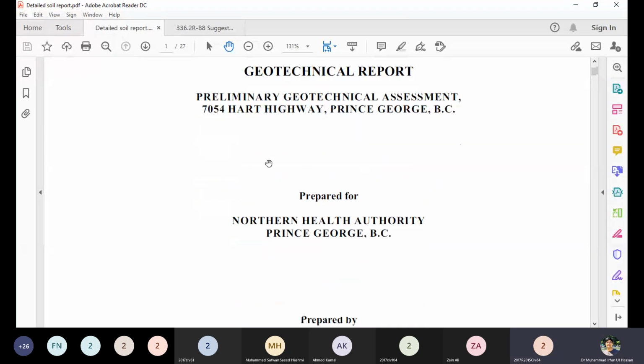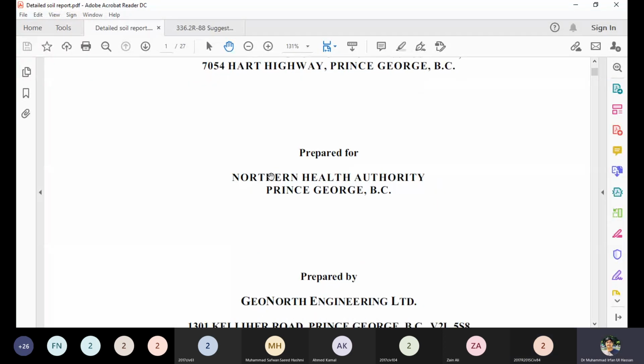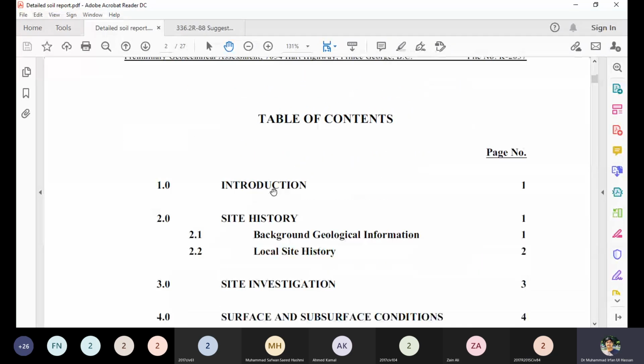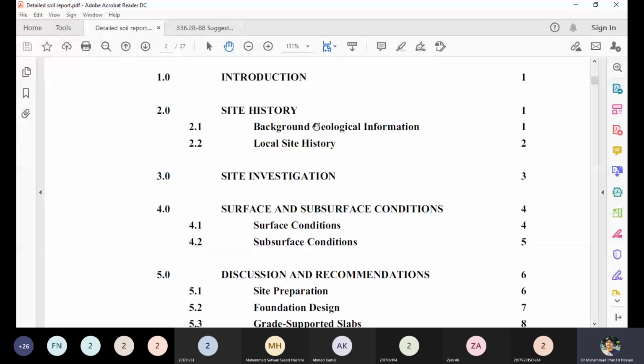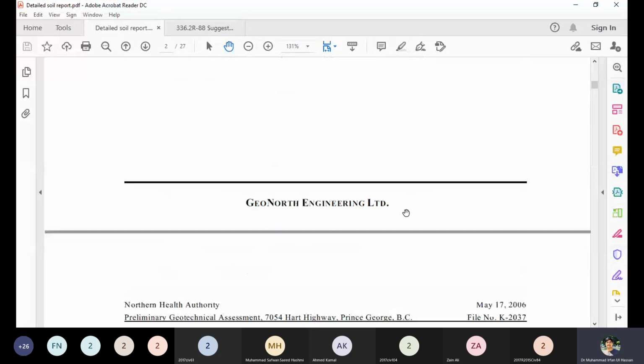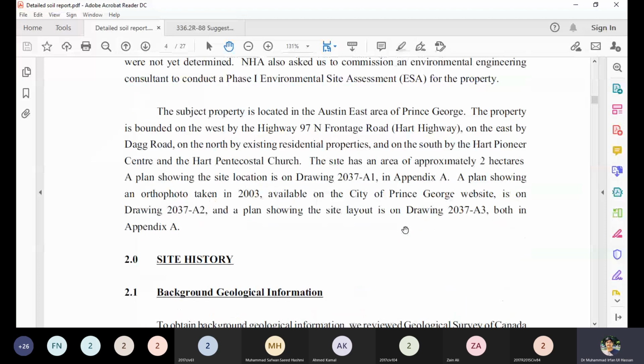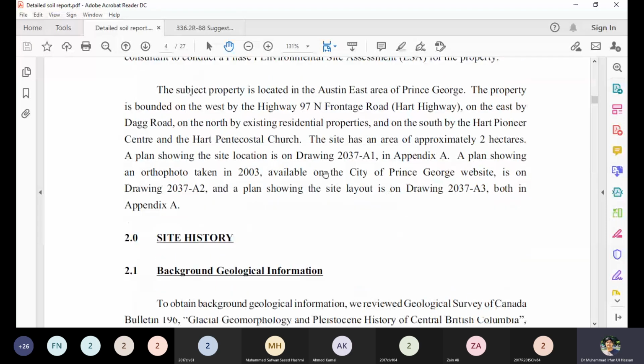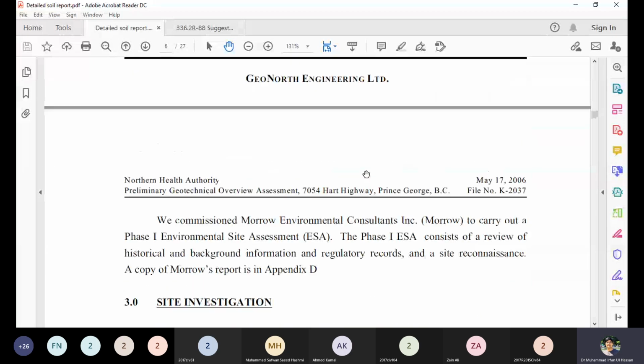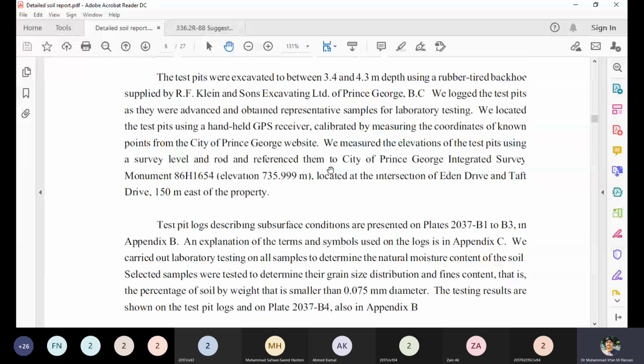So this geotechnical report is basically showing the site history, site investigation, surface and subsurface conditions, discussion and recommendations, soil analysis, location, and local site history.